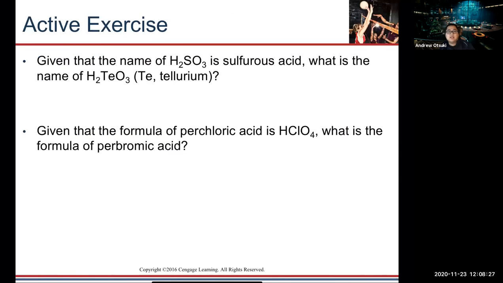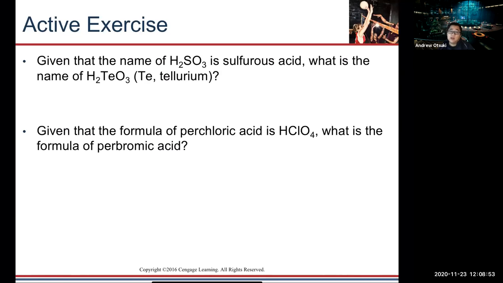Since H2SO3 has the same number of oxygen atoms as H2TeO3, how will we name that? We would just take the IUM off and add OUS. So it's called tellurous acid. Notice that for sulfurous, we just add OUS.